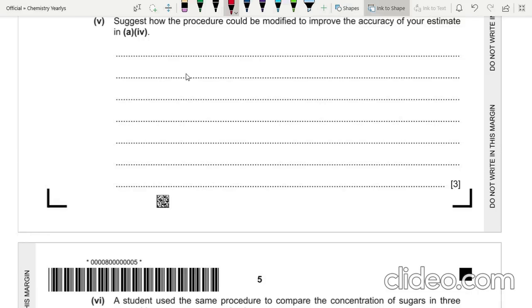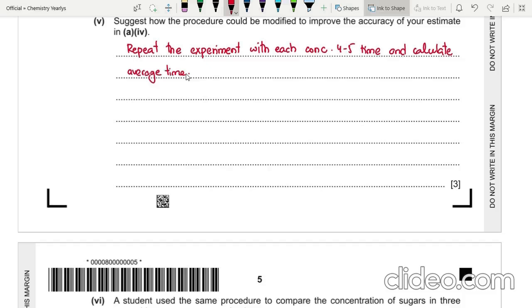So the first one can be: repeat the experiment with each concentration 4 to 5 times and calculate the average time or mean time. The other improvement could be that you could time each of them separately.